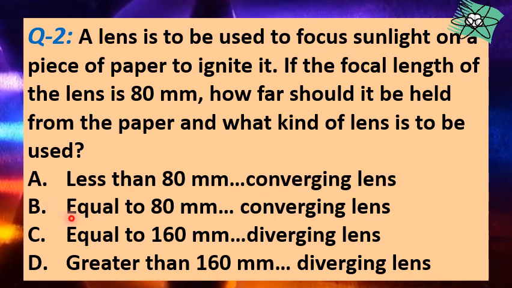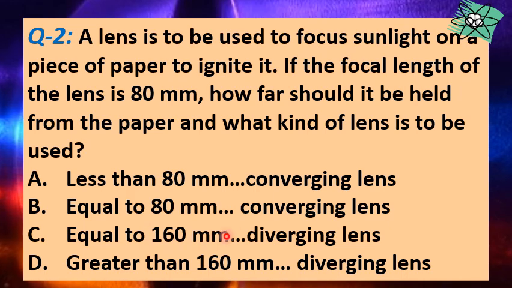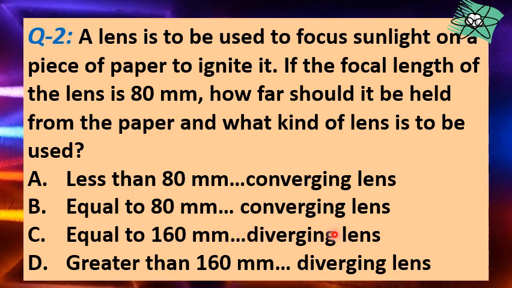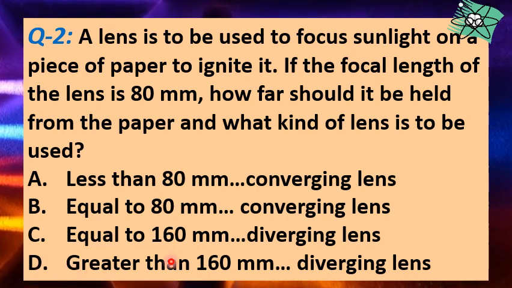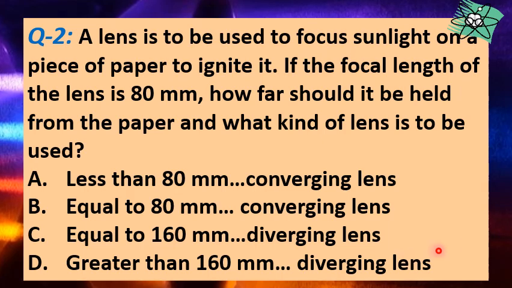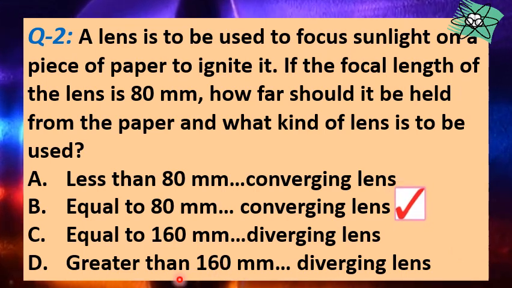Option letter B, equal to 80 millimeters, and the type of lens is converging. Option letter C, equal to 160 millimeters, and the lens must be diverging. And option letter D, greater than 160 millimeters, and the type of lens is diverging. The correct answer is option letter B, right?